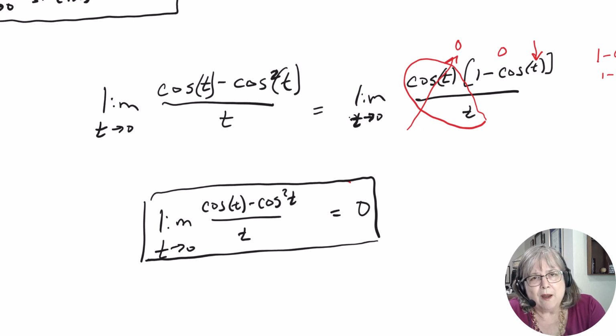In order for you to be comfortable with the next one, you need to have gone through the steps and be comfortable with, okay, the first thing I'm going to do is try to substitute it in. Then I'm going to try to factor it, reduce it. If it has a square root, I might try multiplying by its conjugate. If it's a complex fraction, I'm going to multiply by the least common denominator.